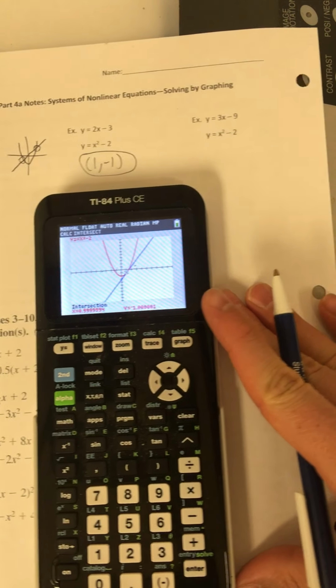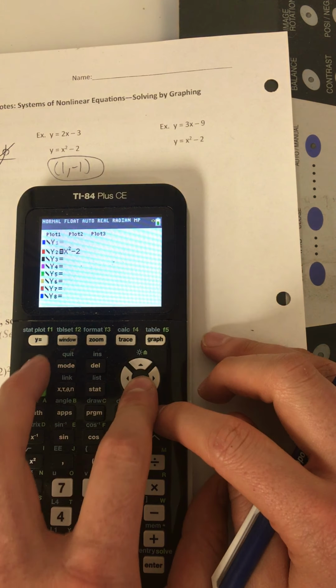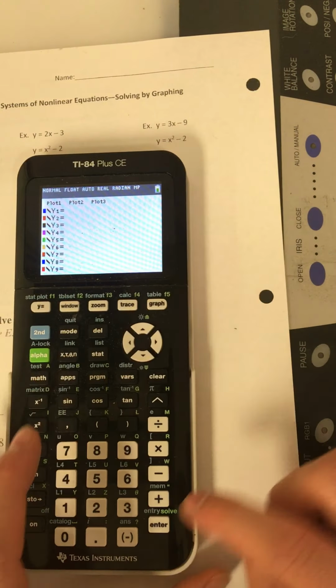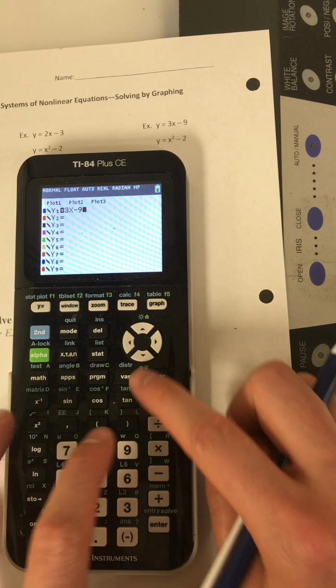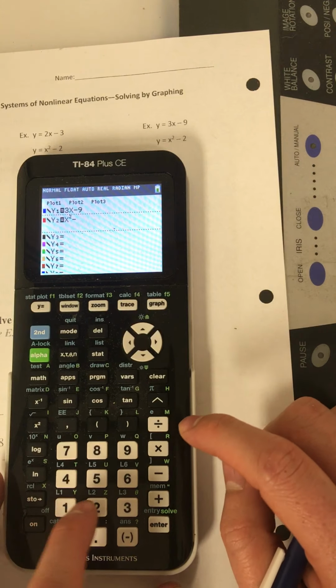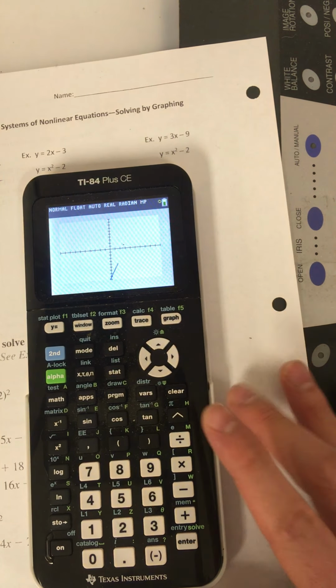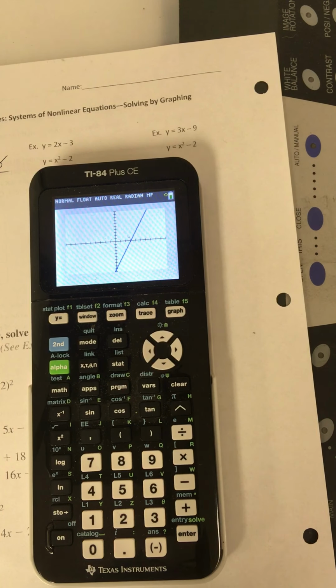Usually that fixes it. And then last one, let's go to Y= and graph this last system of equations, y equals 3x minus 9 and y equals x squared minus 2. And I'm just going to hit graph or zoom 6 if you need to reset it.